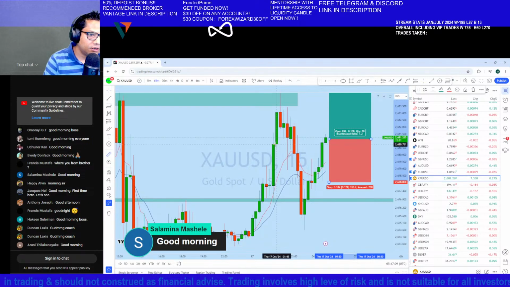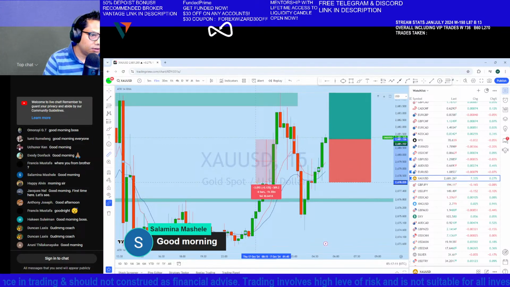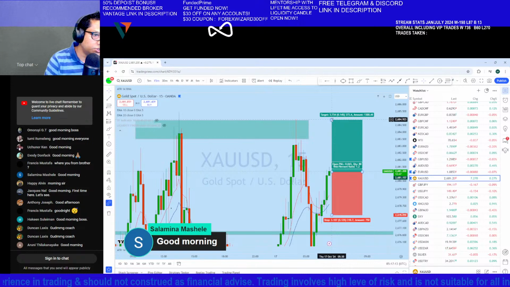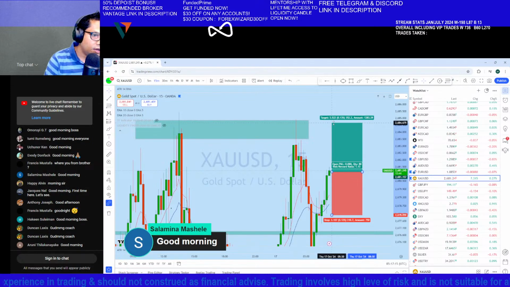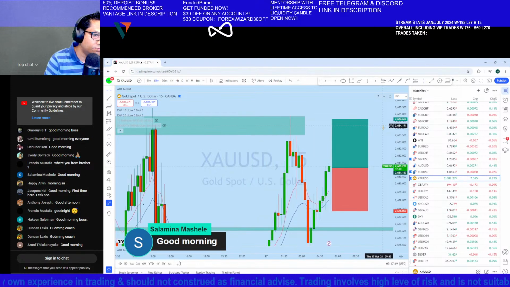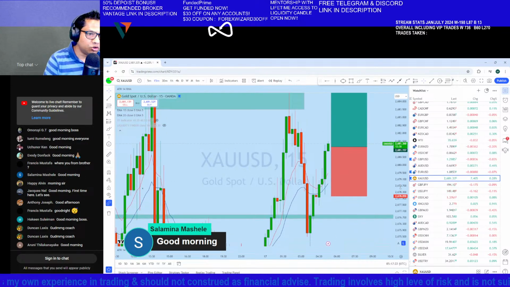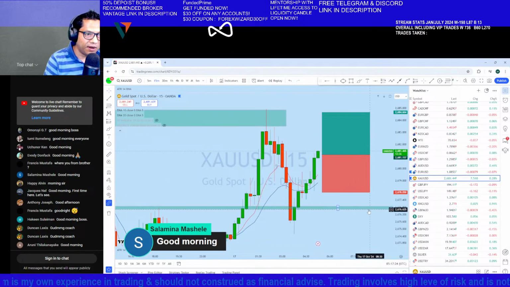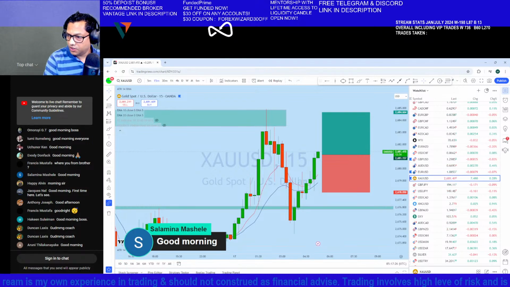with a 31 pip stop loss, I will be looking for a probability to bounce with that momentum. With a 32 pip stop loss, I'm going to open a buy on XAUUSD.